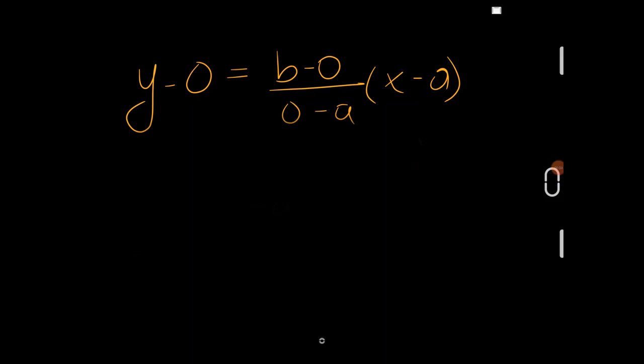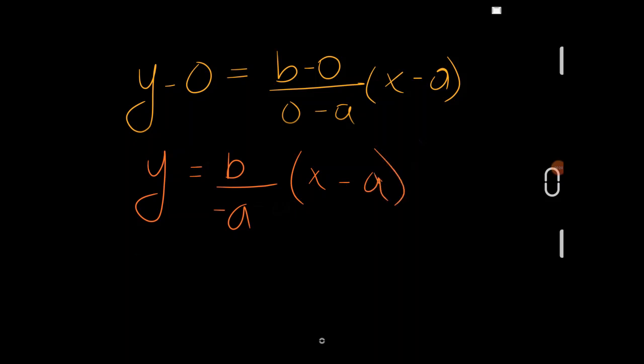Now to solve this, let me write it a little more neatly. y minus 0 I can write it as y is equal to b divided by minus a whole into x minus a. Okay, so we removed all the zeros.